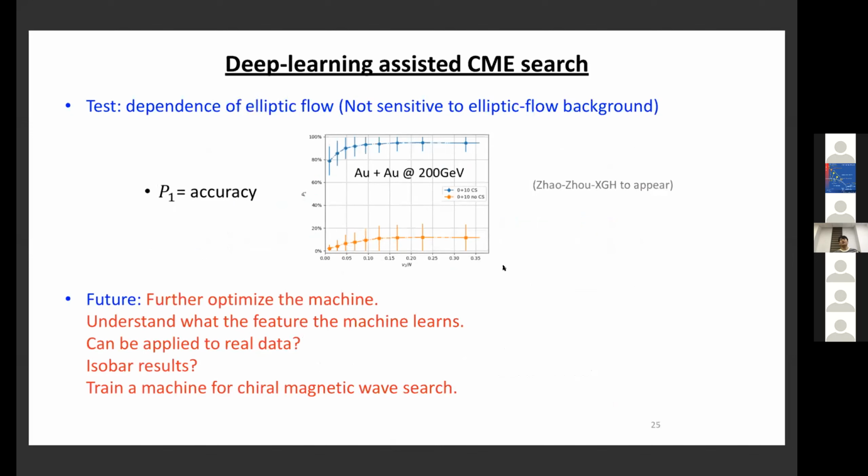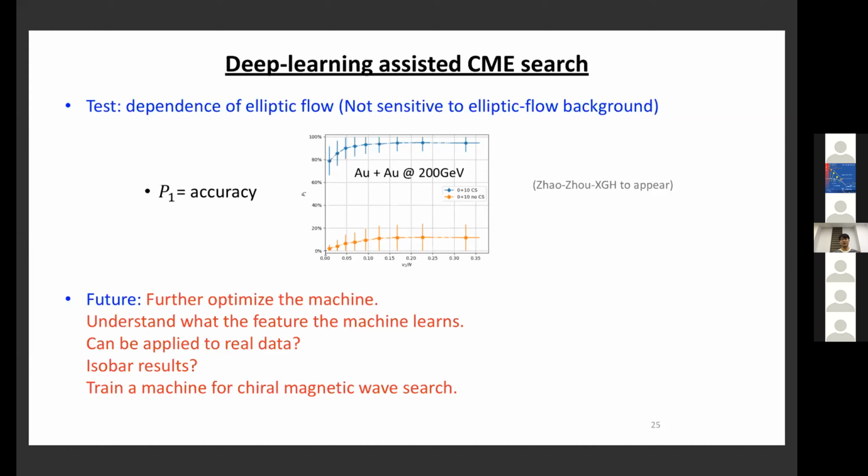As we know, the elliptic flow can give a big background to the gamma correlator. Then we test whether, in the case of using machine learning, the result depends on the V2. So here is the result. This P1 is the test accuracy.